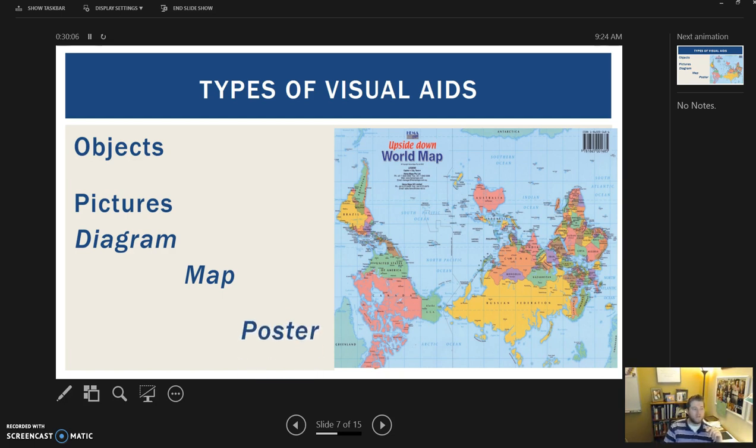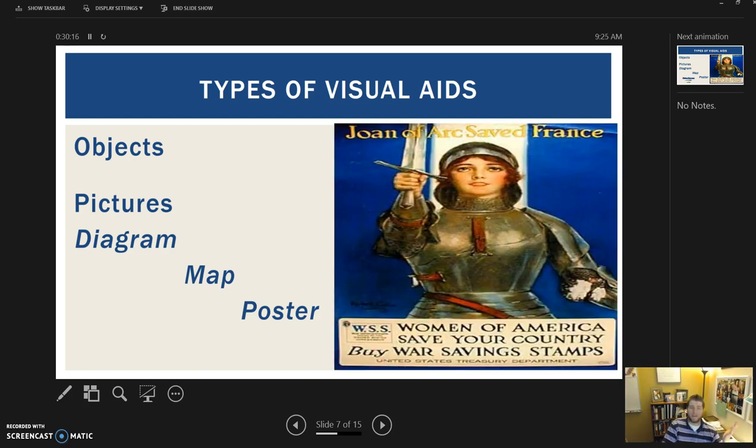So you can also use a poster of some sort. All sorts of posters available out there for you to find. So I Googled feminism, okay? And this is one of the things that popped up. It's this old Joan of Arc trying to get women to buy war saving stamps from World War II.